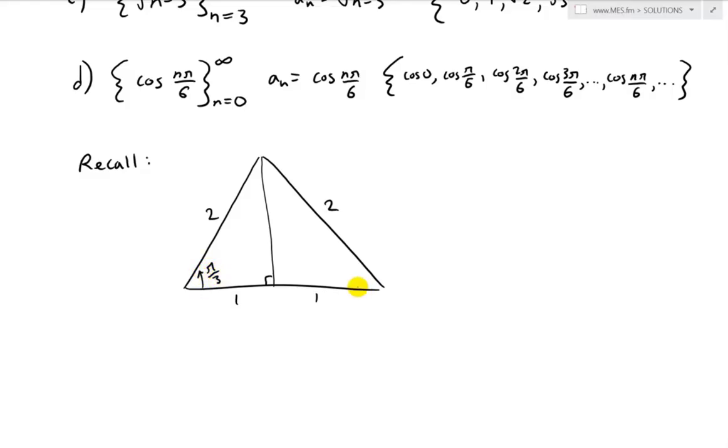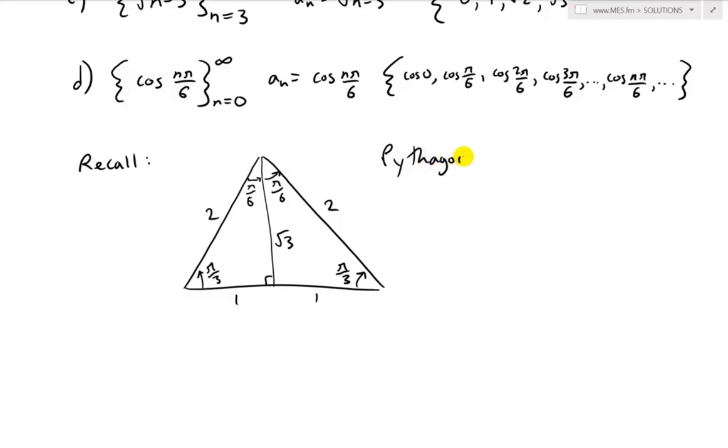The whole thing sums up to pi, so pi over 3, like that. And then this one's going to be, well, pi over 6, divide that in 2. Pi over 6. Like that.